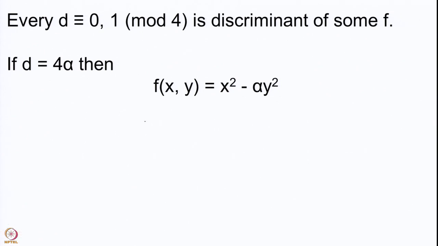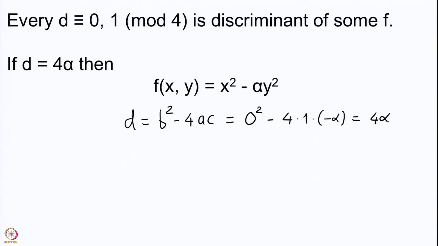Here if you want to compute the discriminant, remember the formula for d is b square minus 4ac. Here b is 0. So, we get 0 square minus 4, a is 1 and c is minus alpha. So, we get 4 alpha, which is what we had here.